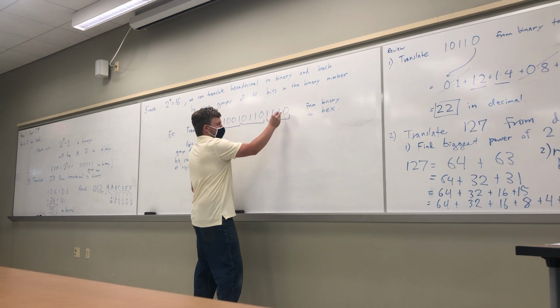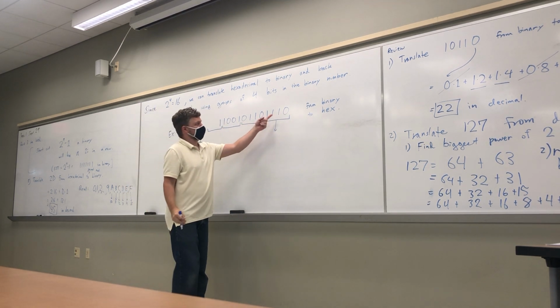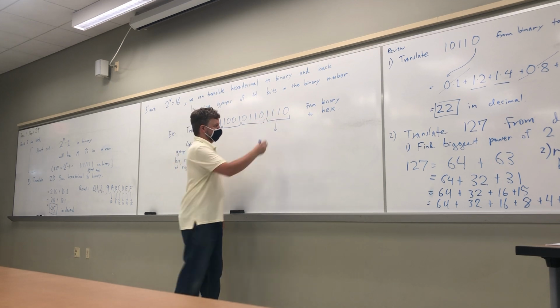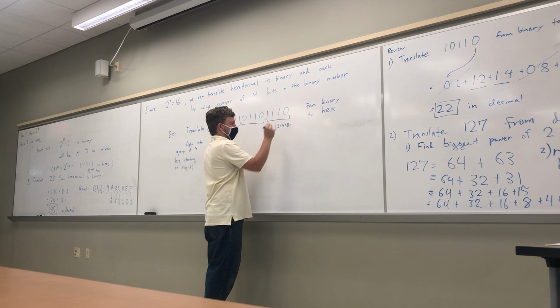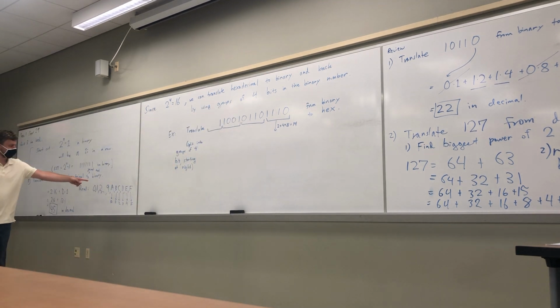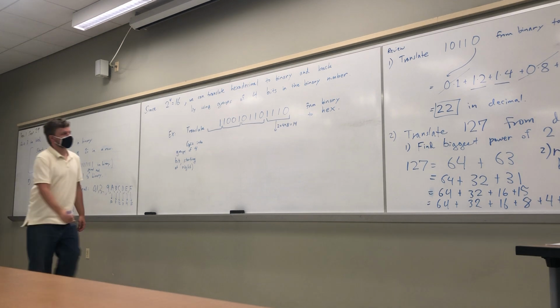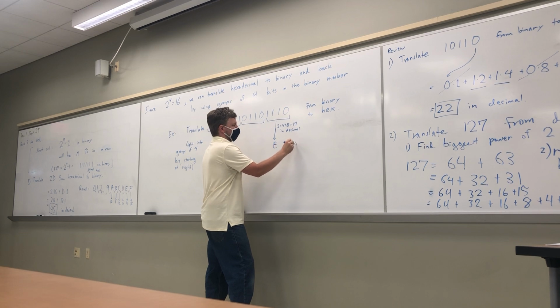So for instance, 1110 in decimal is going to be 2 plus 4 plus 8, so that equals 14. So 14 in hex is E. So that's 14 in decimal, but then the whole thing turns into E in hex.